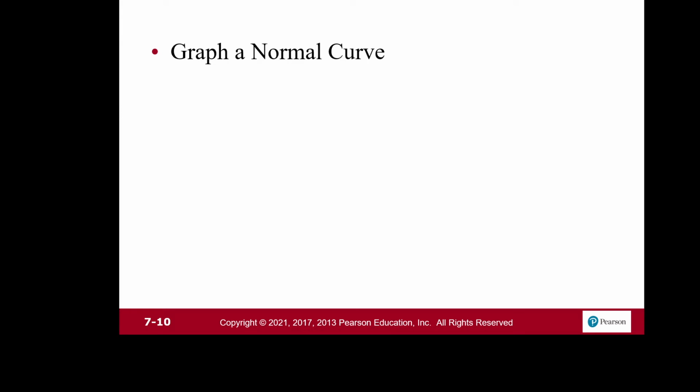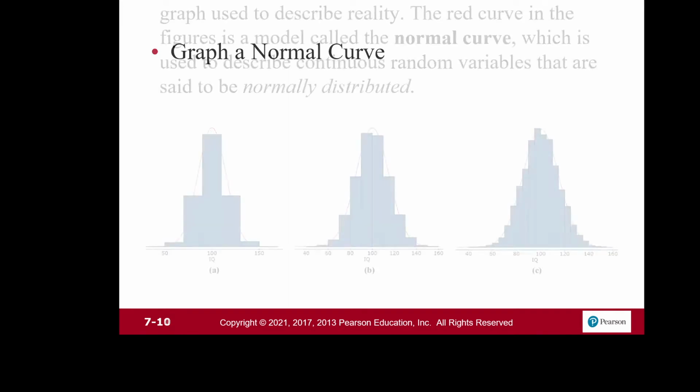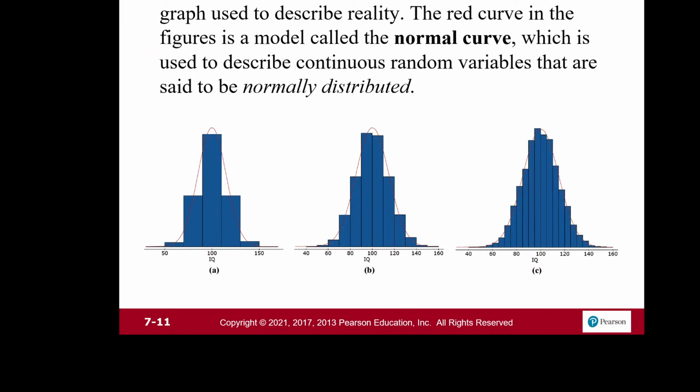All right, so we're going to switch gears now and focus in on the most popular type of distribution, and that is the normal curve. And in mathematics, a model is an equation, a table, or a graph used to describe reality. The curve in each distribution is outlined by a red curve.